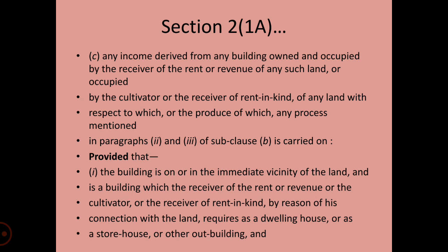Then, by the cultivator or the receiver of rent in kind of any land with respect to which any process mentioned in paragraphs 1, 2 and 3 of subclause B is carried on, provided that, 1.